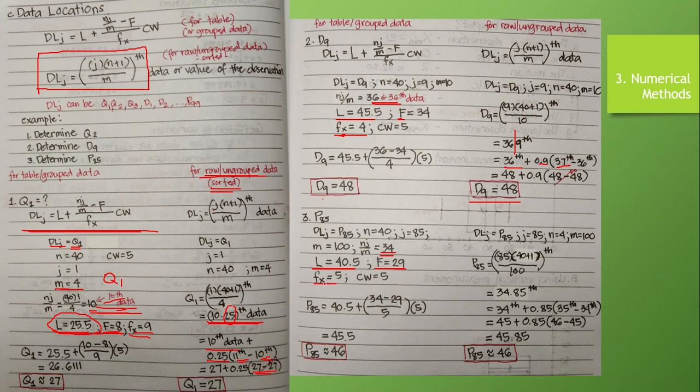Get the frequency of that class interval. Substitute all the values, then you will get 46 approximately. Same with ungrouped or raw data, you will get 46 when rounded. So this is how we calculate measures of data location.